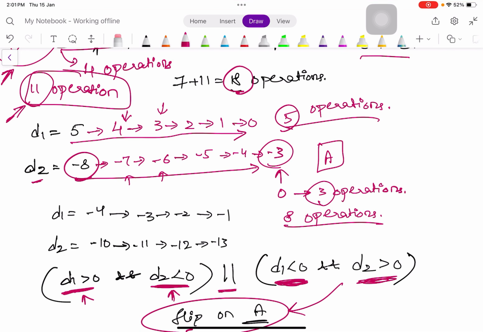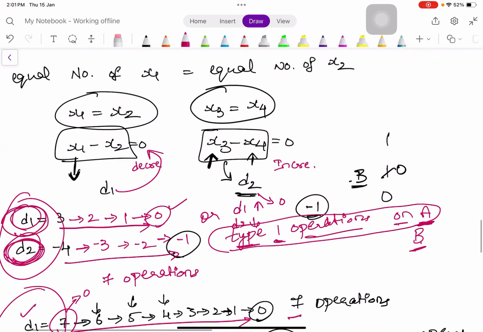Many of you might have this question. How is this minus 3 value becoming 0 by performing operations on string B? See, if D2 is minus 3, it means x3 minus x4 value is minus 3. It means there are 3 x4 configurations which are more as compared to x3, right? The number of configurations of x4 are 3 more than x3.